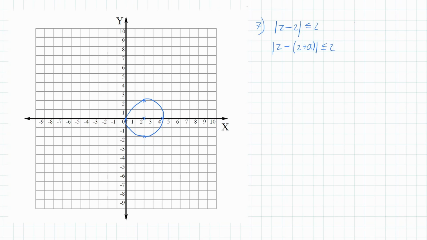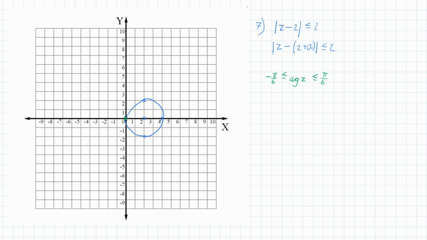Now the second part of this, we've got this information here: minus pi over 6 is less than or equal to arg z less than or equal to pi over 6. In this case, we're starting from the origin, and we've got a 30-degree angle either way.